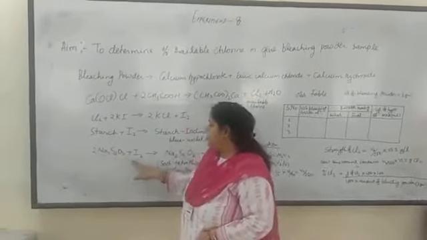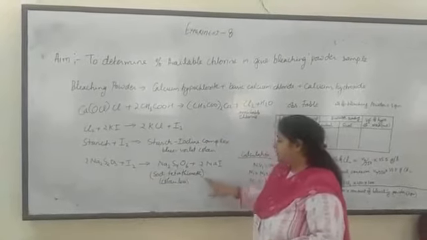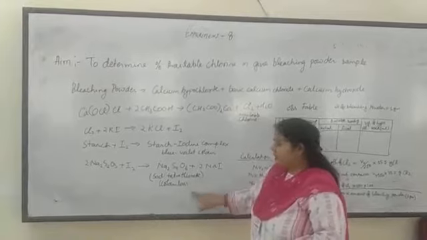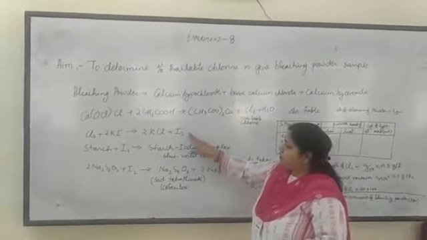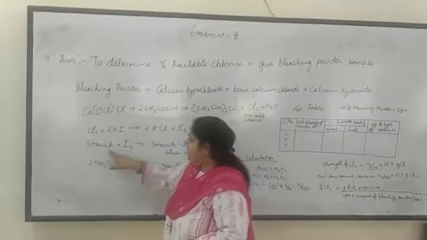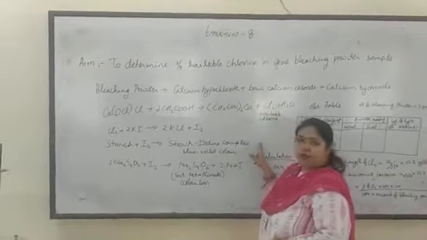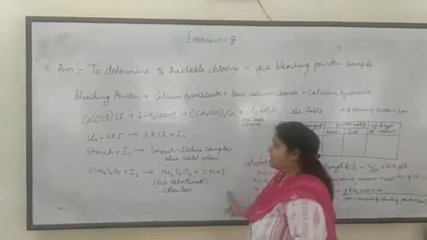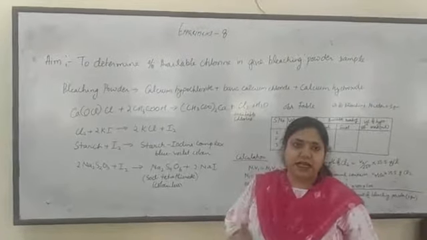When hypo solution reacts with iodine, it will form sodium tetrathionate, which is a colorless solution, and the iodine reacts with starch. It will give a blue or violet color complex. So during this titration, we are using freshly prepared starch as an indicator.